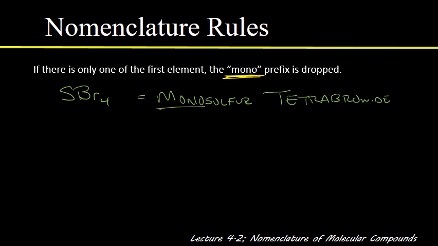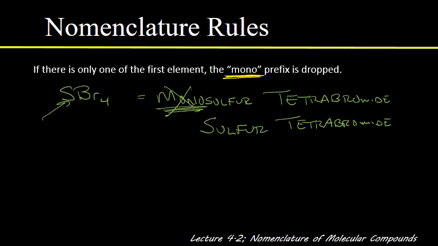But because it's so common for molecules to have only 1 of the first element, we don't do that. We leave the mono prefix off if it applies to the first element. So instead, this would just be sulfur tetrabromide.